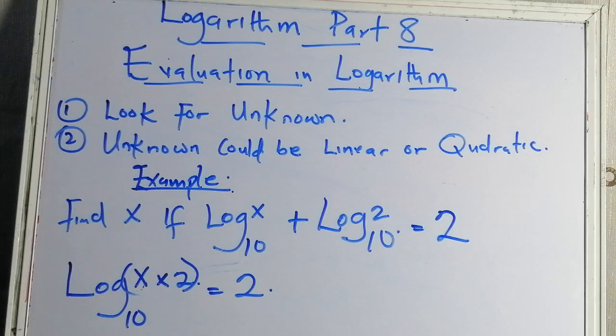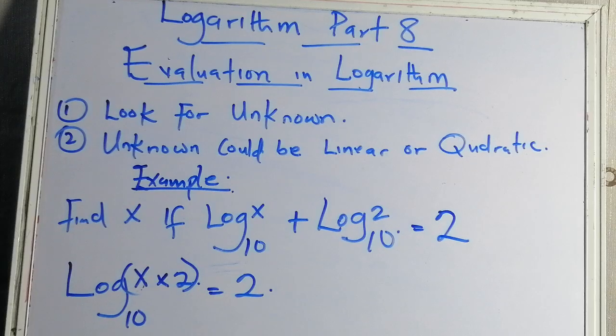So what do you do here? You can do two things. In part 1 of the logarithm, I told you how to find the value of a particular logarithm. You can apply that here. That is why I told you all those parts are very, very important. Part 1 of logarithm, I explained how to get value in this kind of case.